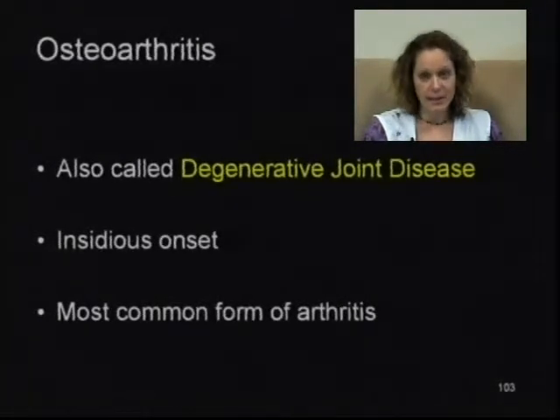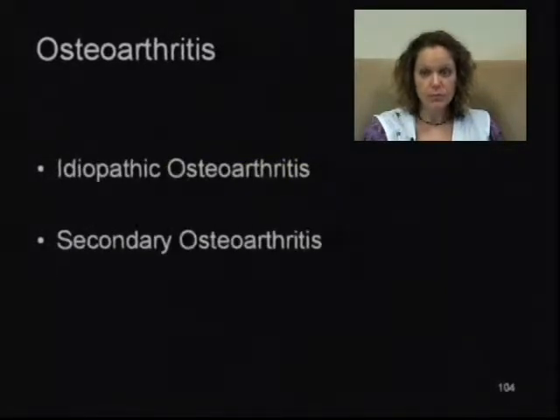It has an insidious onset, and this means that it gradually worsens over time, and it is the most common form of arthritis. It can be idiopathic, meaning we're not really sure what's caused the arthritis, and it can be secondary to some other disease.